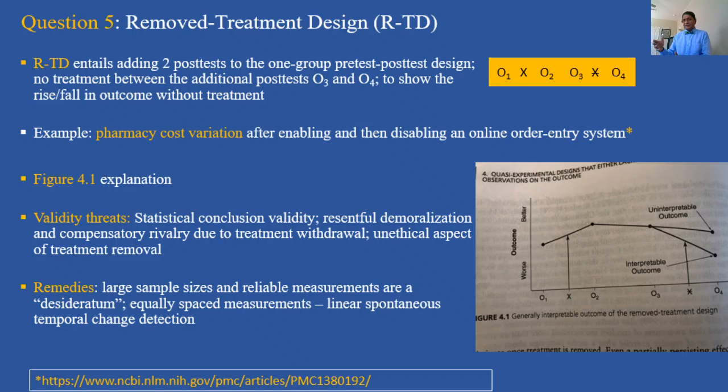But after a certain interval, when the same system, the online order entry system, was removed, disabled, it was seen that there was a slight increase in the cost of the pharmacy products.